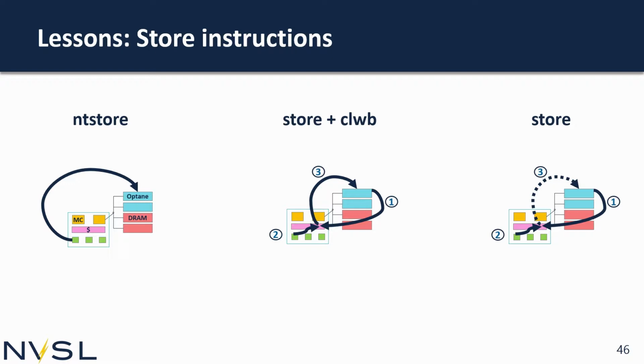Your other option is you can just use a store, right? You can just pull it in, do the write, and then sometime later your cache eviction policy is going to decide that we don't need this cache line anymore. It's going to get written back. Okay, so what happens when we use these other 2 options? Well, with a store plus CLWB, we lose bandwidth because we're using part of Optane's limited bandwidth to do this cache line pull.